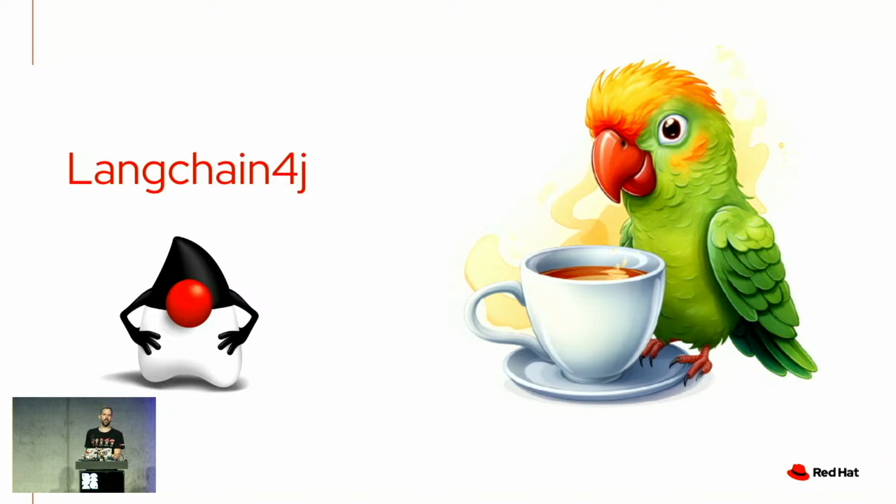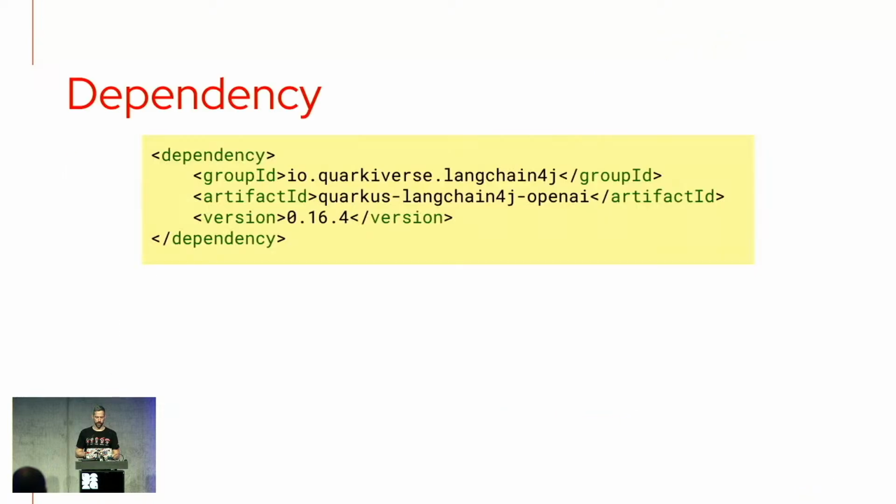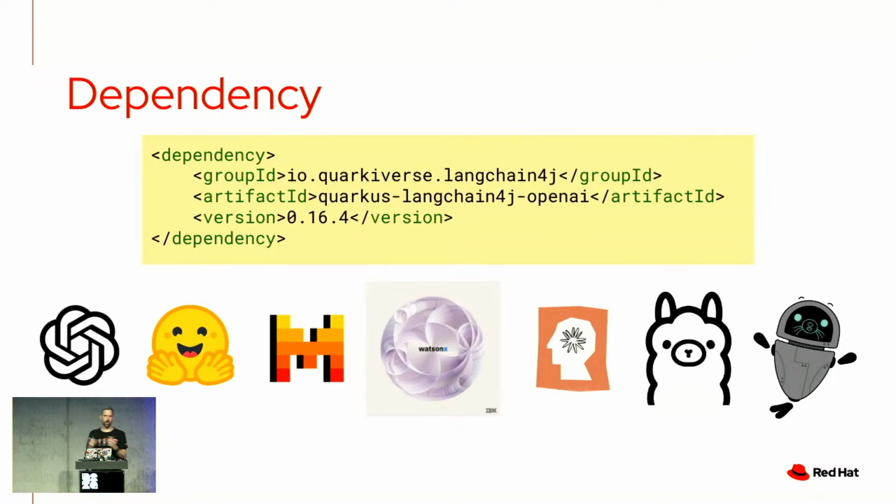Because yes, you can do it without a specific library, since it's just APIs. You can write everything from scratch, but why would you do that? Why reinvent the wheel? LangChain4j has come out as, at least in the Java world, the most popular library at the moment, so that's the one we're going to look at.